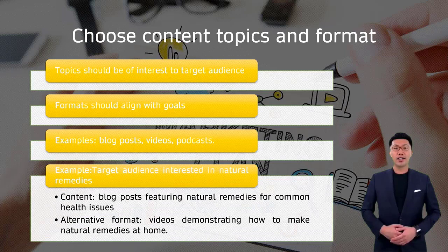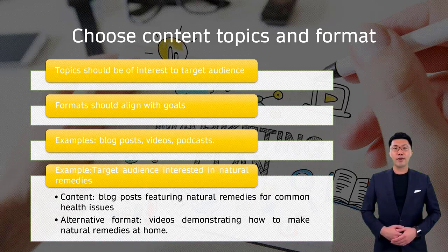Next, you'll need to choose your content topics and format. What topics will your content cover, and in what format will it be presented, such as blog posts, videos, or podcasts? It's important to choose topics and formats that will be of interest to your target audience and that align with your goals.